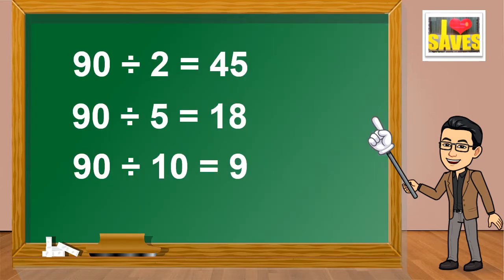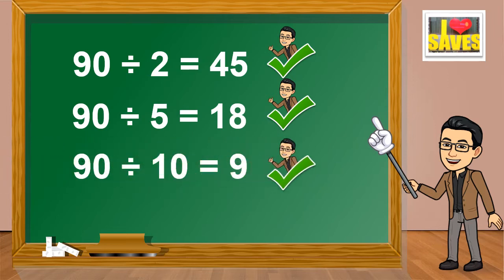So 90 divided by 2 is equals to 45. So it means there is no remainder. 90 divided by 5 is equals to 18. So it means there's no remainder. And the last one, 90 divided by 10 equals to 9. There is no remainder. So our answer is yes.